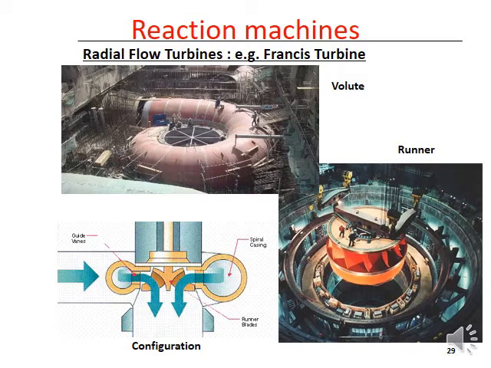They are Francis type, or we call them radial flow turbines or mixed flow turbines, close to radial flow but not exactly radial flow. They are mixed flow. Modern Francis turbines are mixed flow turbines.